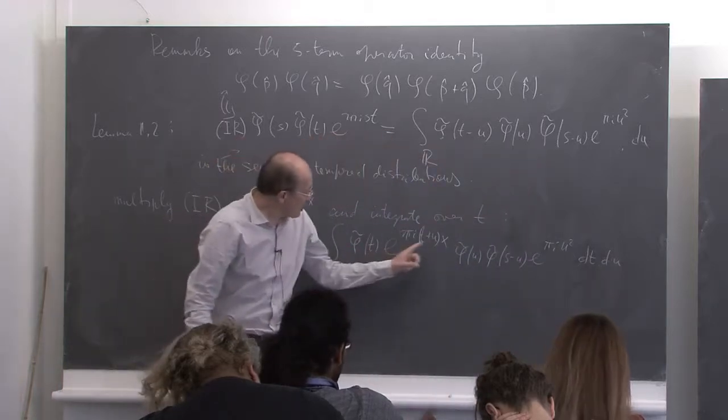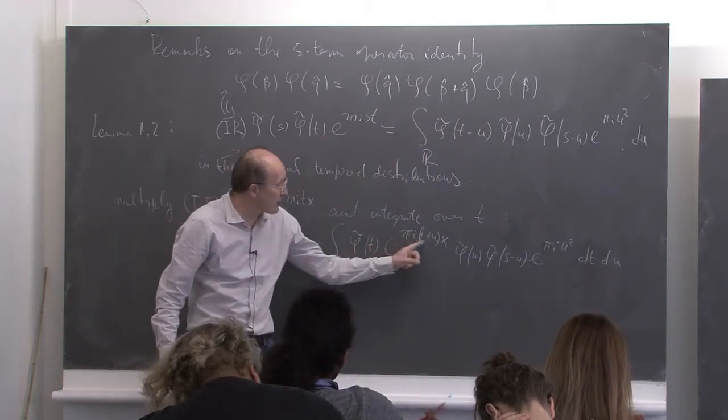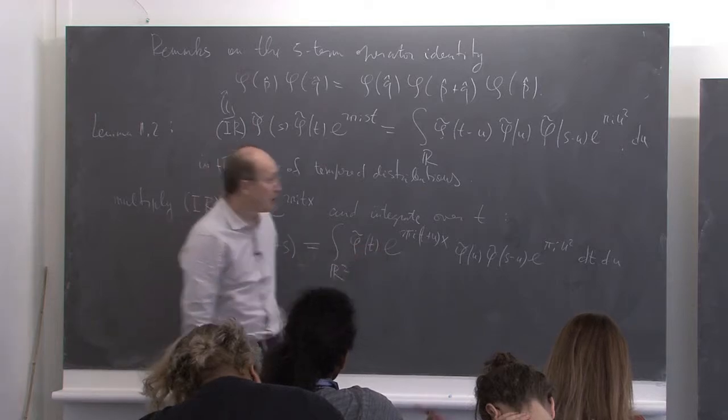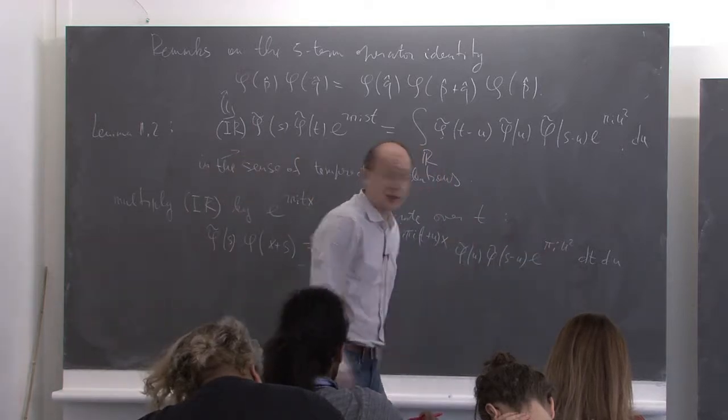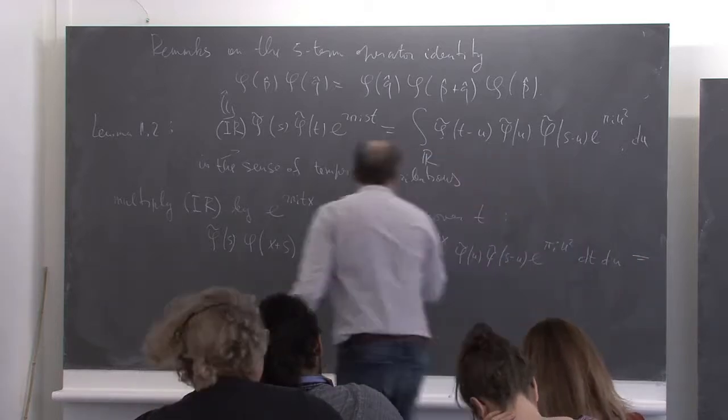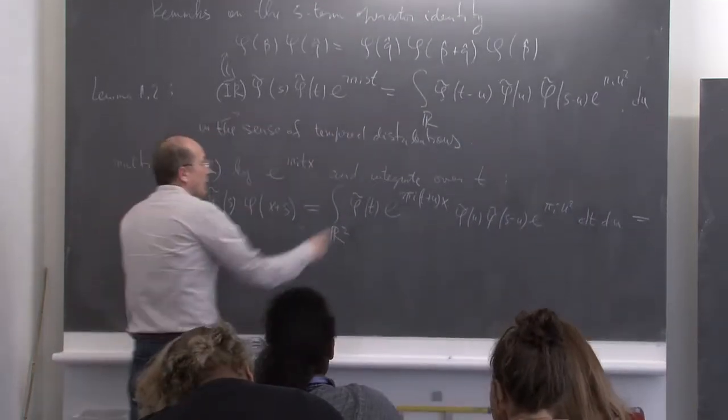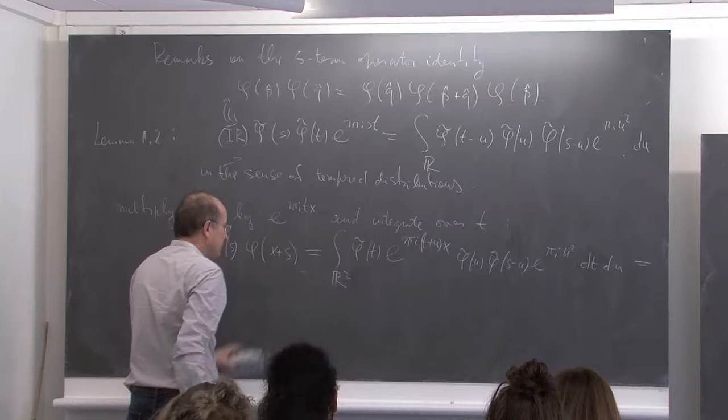But now we again recognize the Fourier transform of phi tilde. So the integration over t is removed by changing this phi tilde to phi.